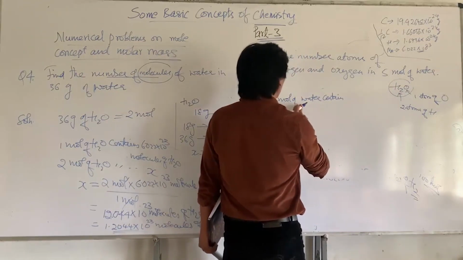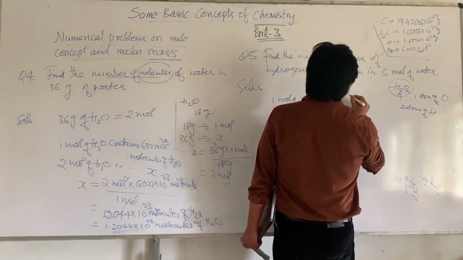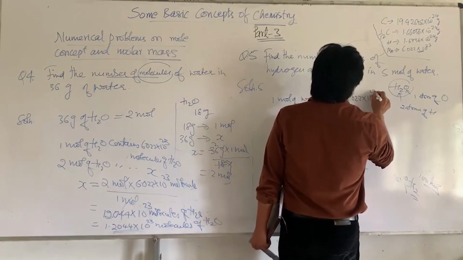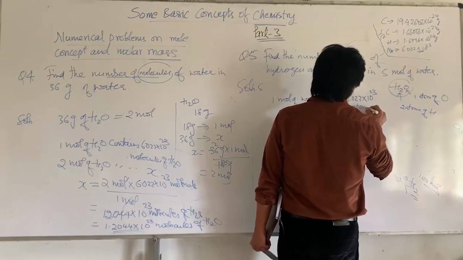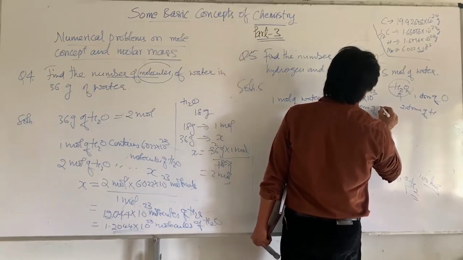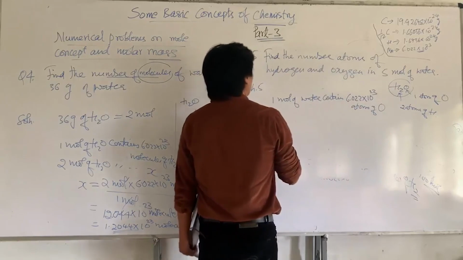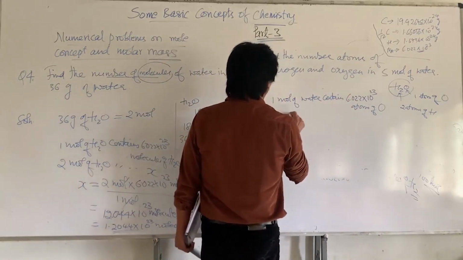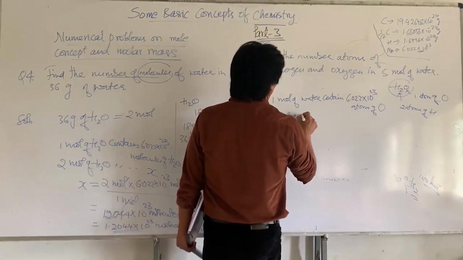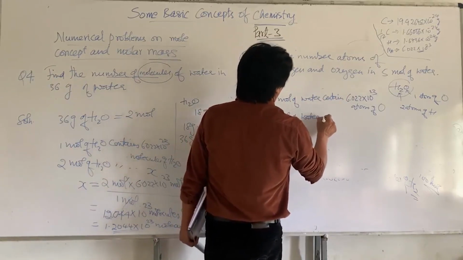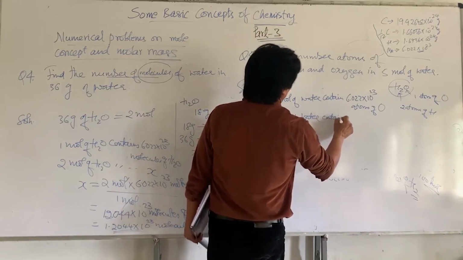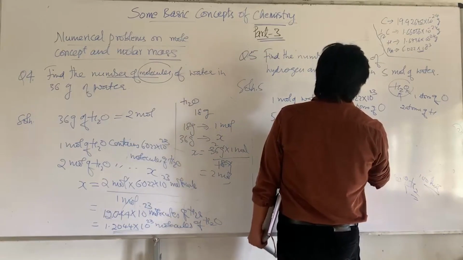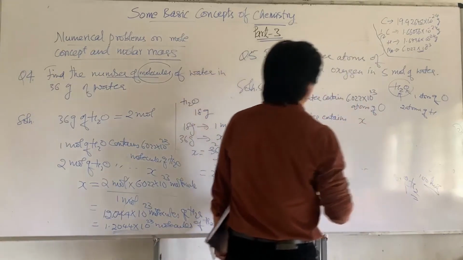So 1 mole of water contains 6.02 into 10 raised power 23 atoms of oxygen, right? So in 5 moles of water, how many atoms of oxygen? We're going to put X here.